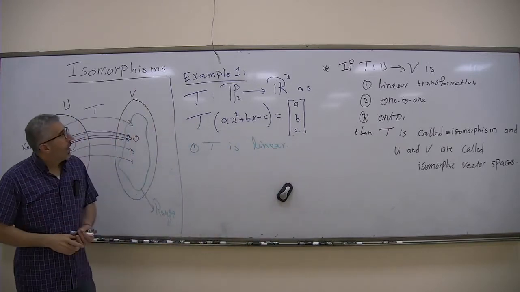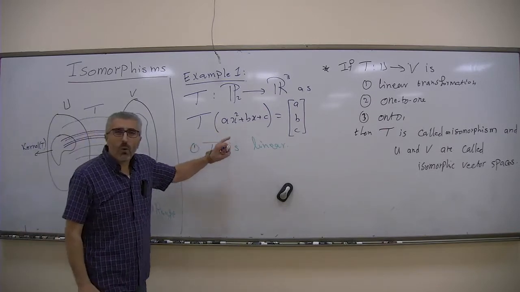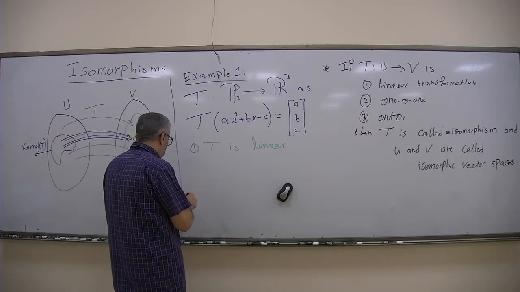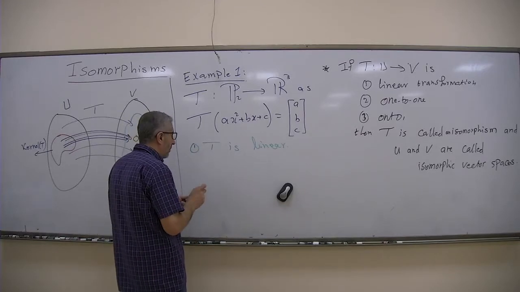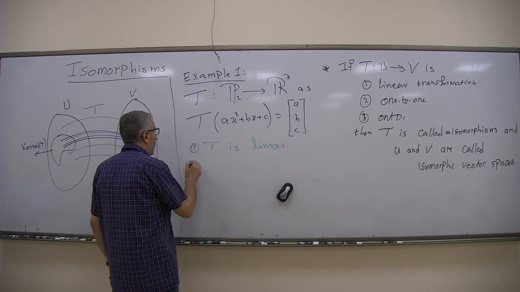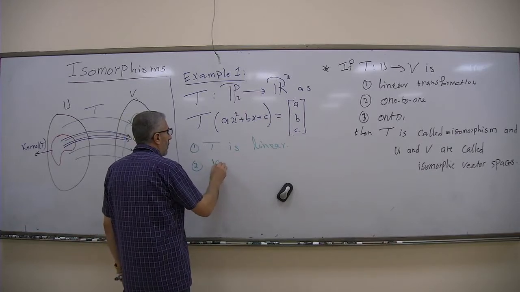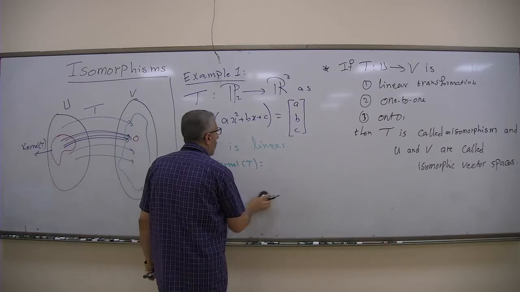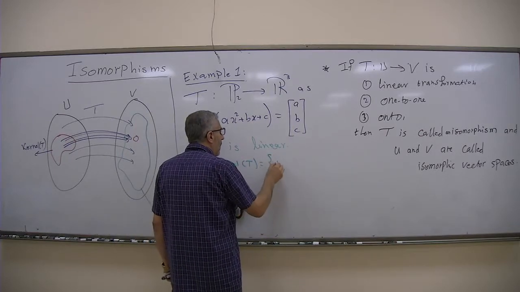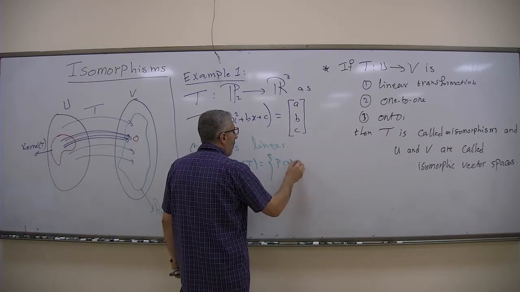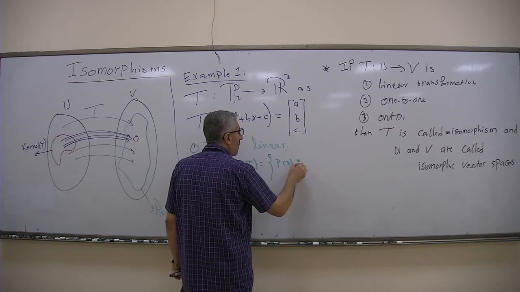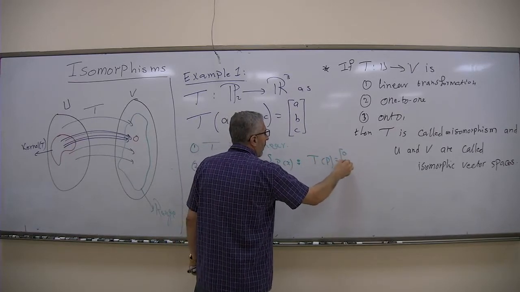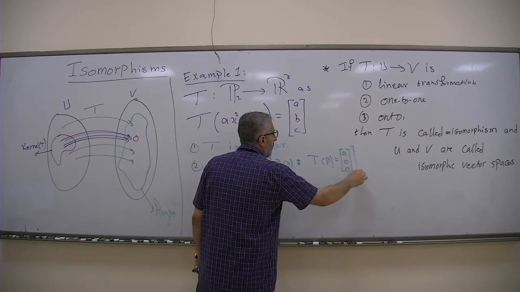Okay? Now, let's see, is this 1-to-1 and onto? Well, what is the kernel here? The kernel of T is all polynomials in the domain that are mapped to the 0 vector in the range.